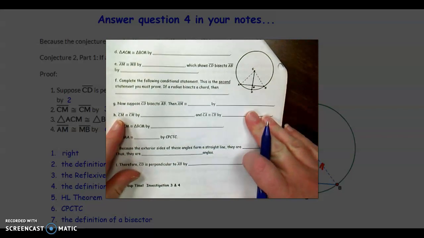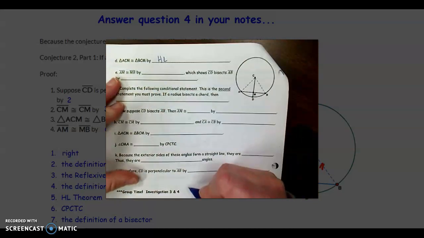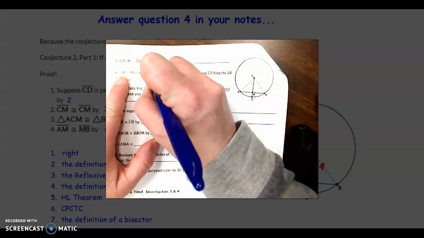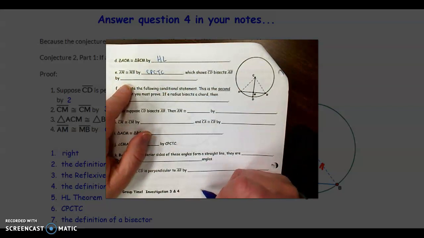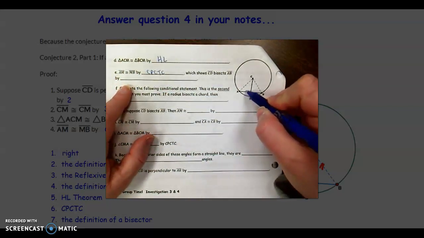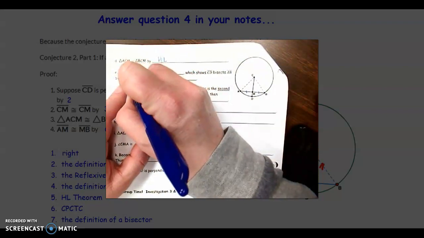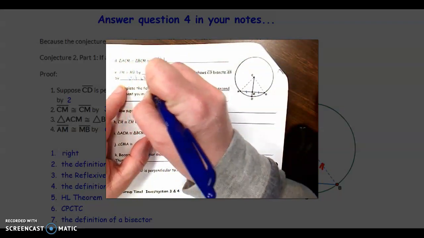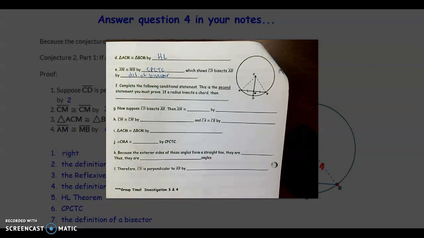We knew the two triangles were therefore congruent by the HL shortcut. And so these segments were congruent by CPCTC, which showed that CD was indeed a segment bisector. We created those congruent parts by the definition of a bisector. So hopefully you have those filled out in your notes.